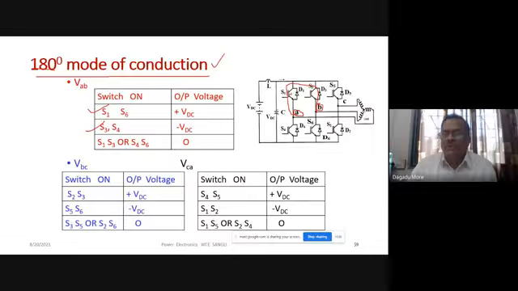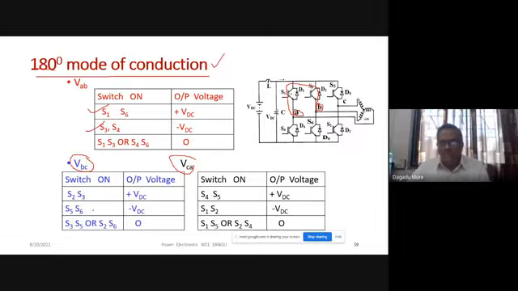When the upper two, S1 and S3, are on, or S4 and S6 are on, then our output voltage will be zero. Similarly, we can find the second voltage VBC and VCA. The legs will change and our logic will be the same. So here we get the output line voltage with three values: either plus VDC, minus VDC, or zero.